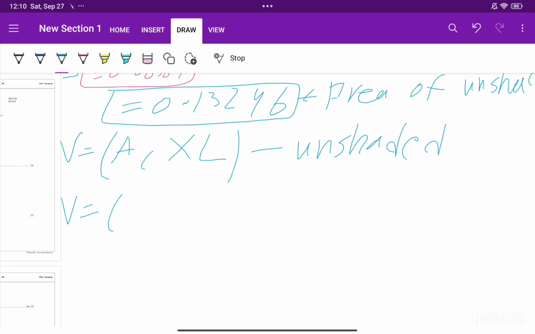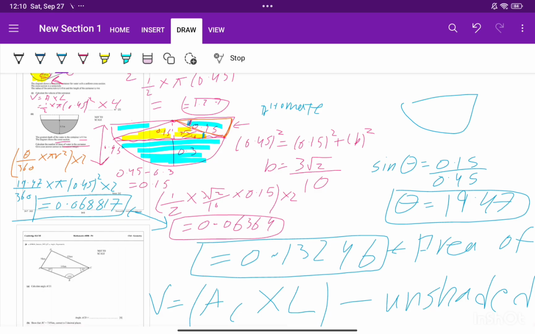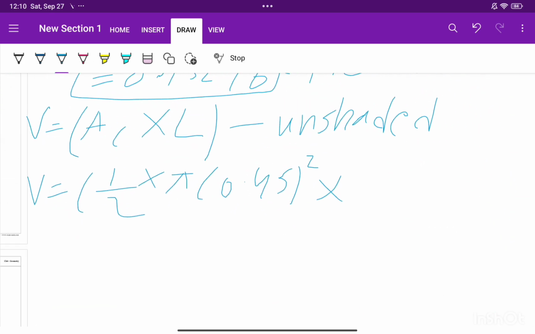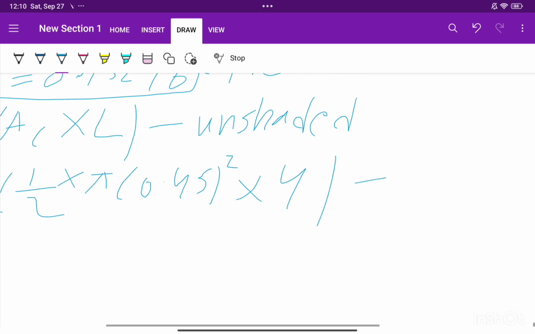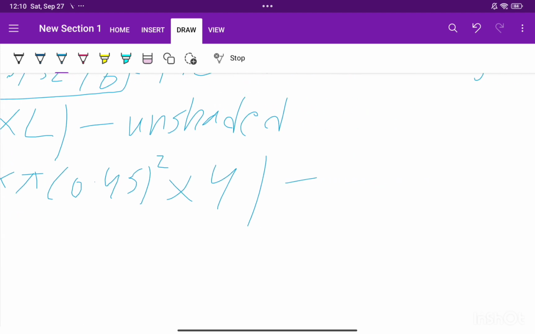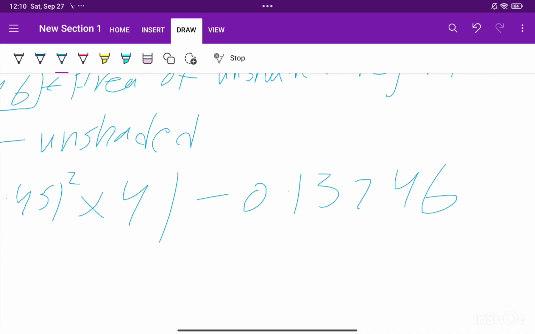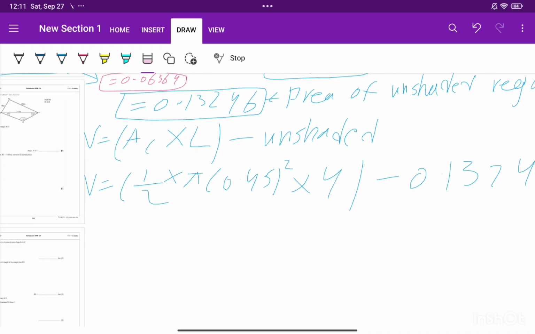So volume will be half multiplied by 0.45 squared, multiplied by the length, which is 4 centimeter, multiplied by 4, minus 0.13246.